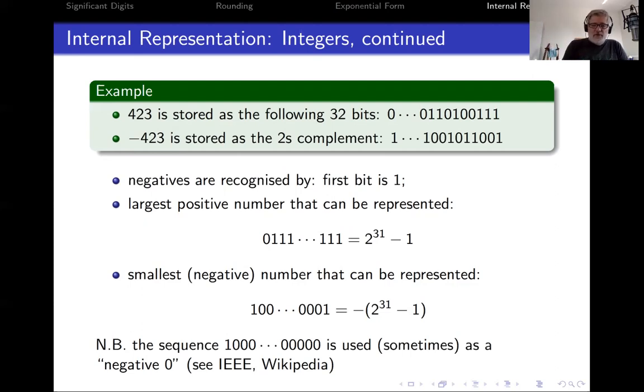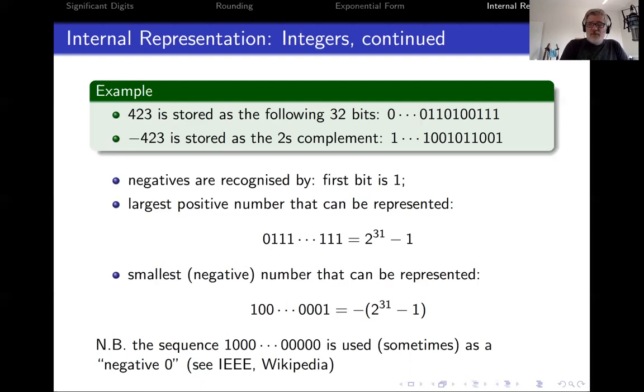We won't talk about it here, but go look up the Wikipedia article on the IEEE standard. This is used for so-called negative 0, but I'm not going to talk about that. So all sequences are used on 32 bits except that one. And you can see that you can't obtain this as the 2's complement of any number.